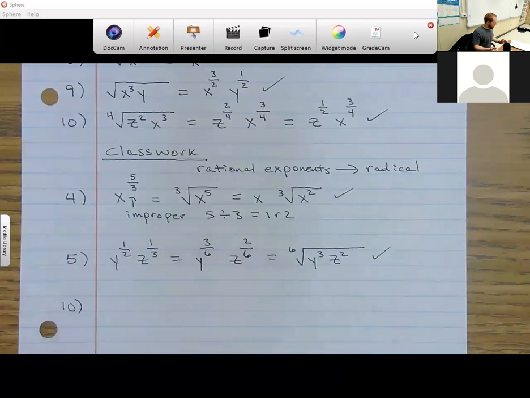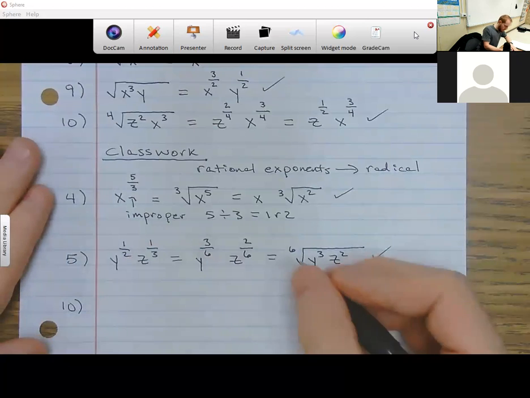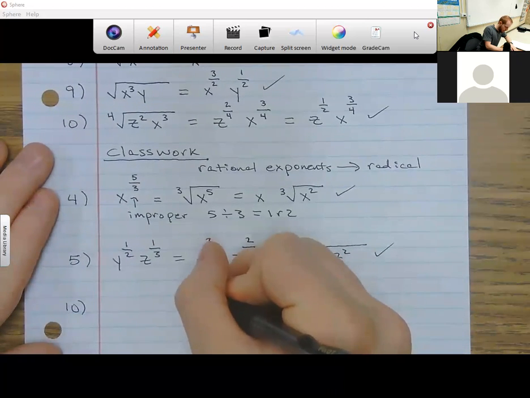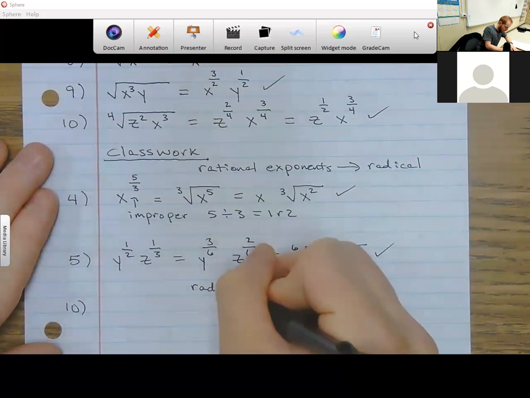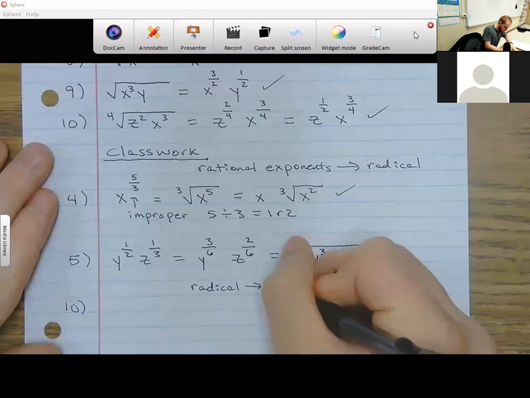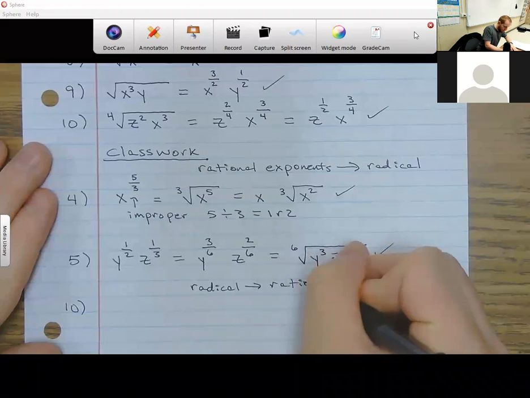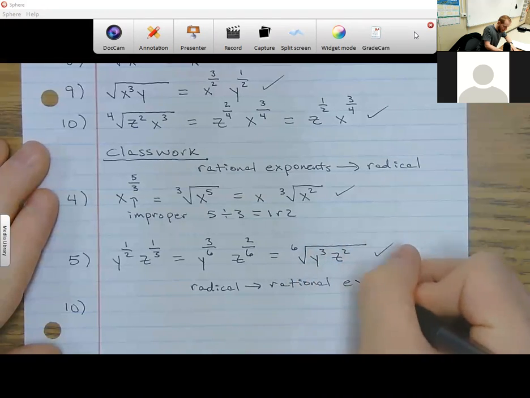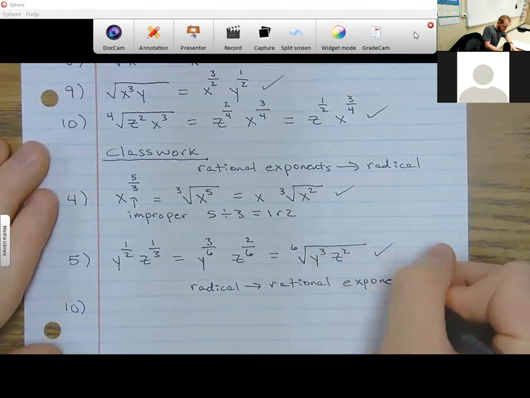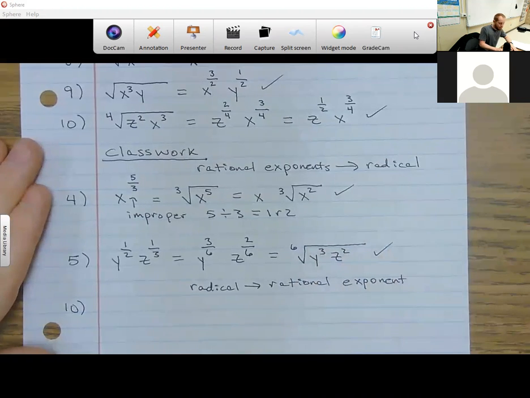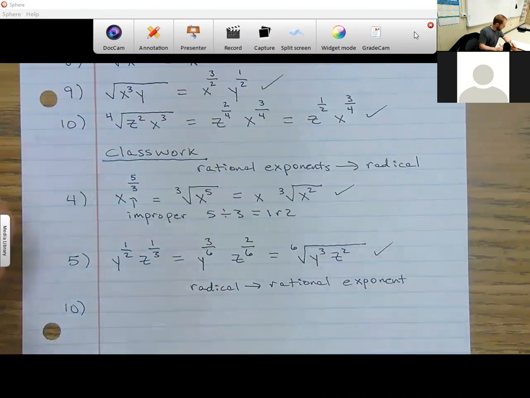So for number 10, what I want to do with this one is I want to convert the opposite way. I want to go from radical to rational exponent. So let me write that up here. Radical to rational exponent. So now we're going the opposite way. It's going to give us a radical, and we need a fraction as an exponent.